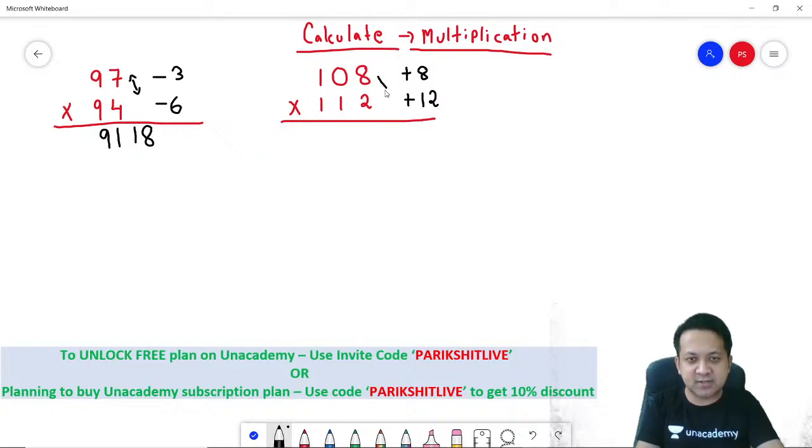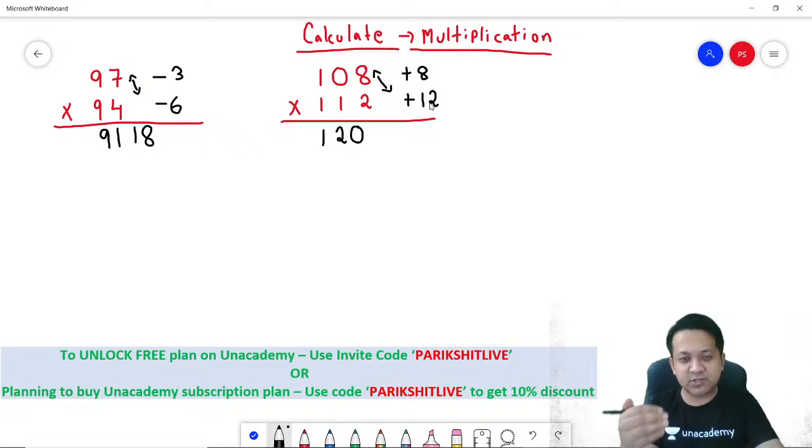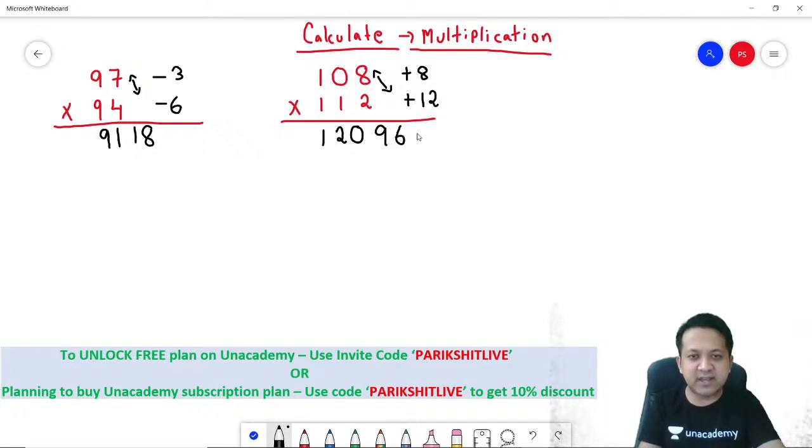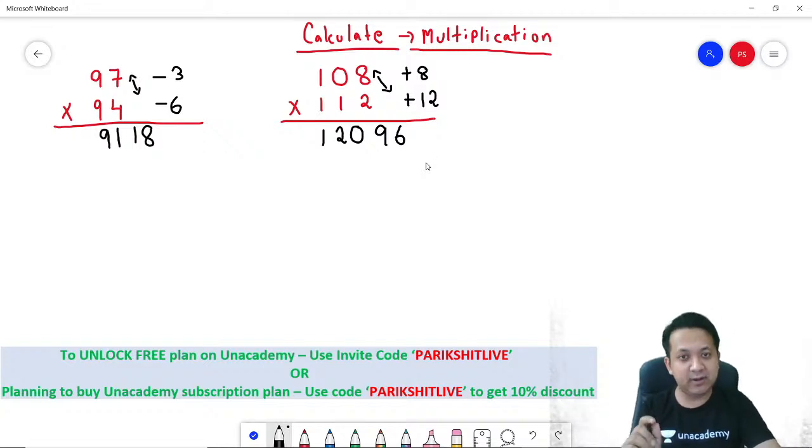You can cross it like this, or you can cross 112 and 8. It's the same thing. So cross means 108 plus 12. How much do you get? 120. Step 3, multiply the differences, 8 into 12. How much is it? 96. So your answer is 12096. I hope it's clear with you.